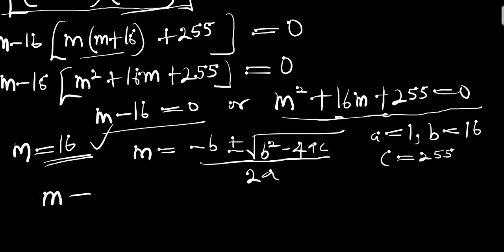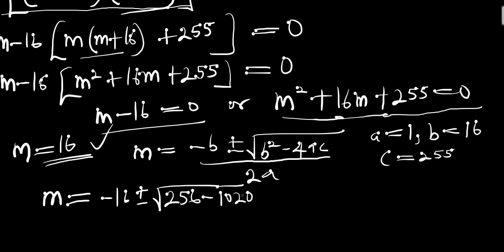We are going to have m equals negative b is negative 16 plus or minus square root of, we have b squared, that is 16 squared, 256, minus 4 times 1 times 255. 4 times 255, we are going to have 1020, and all divided by 2a, that is 2 times 1, that is 2.